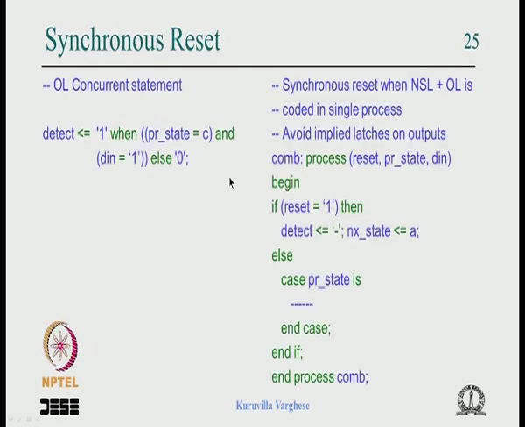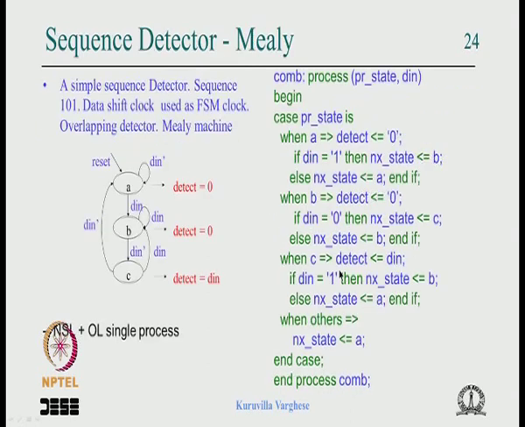So here what can happen is that you write a process where the present state and Din are the inputs, and now a new input comes, reset. You say if reset is 1, then assume that detect is not there, and you say the next state is A. Else you say case present state is, and in that case you are going to specify the next state as well as detect.